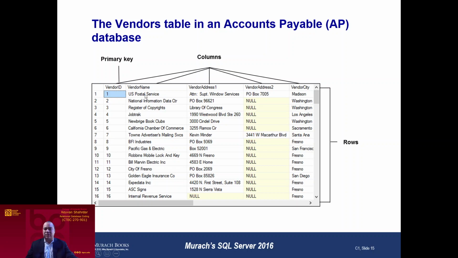So this here is called a row. Row 1 has vendor ID 1, and the vendor name is the U.S. Postal Service, and this is the address 1, address 2, city, etc. This is how you visualize what a database looks like. You're going to have columns and you're going to have rows.